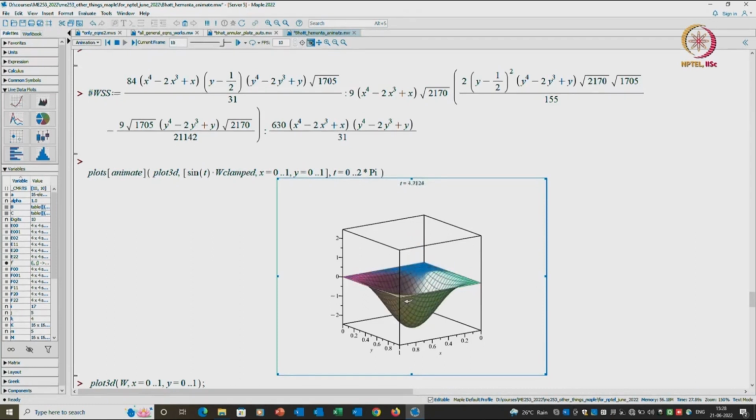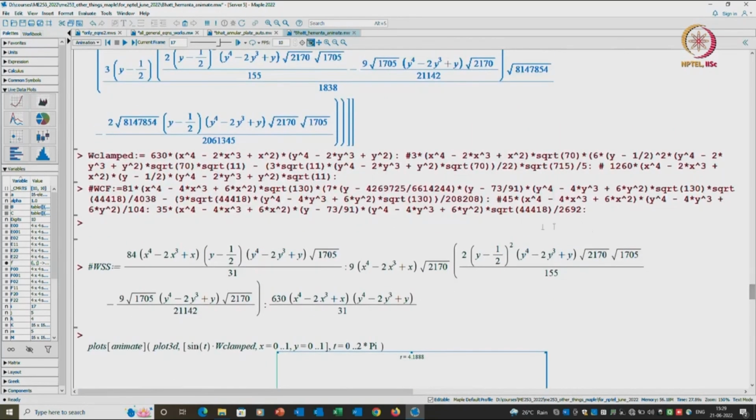Now you can see this is the very first mode of a clamped plate. The displacement is 0 at the edges and the slope is also 0 at the edges. Now let me go and take a higher mode.